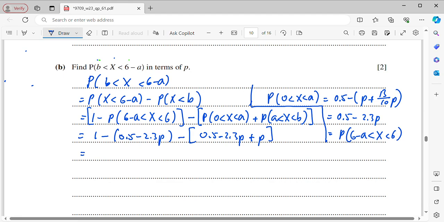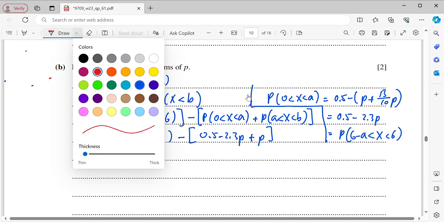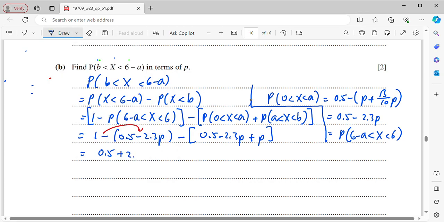Okay, then from here, when you open the bracket, the first one, 1 minus 0.5 is 0.5. Then the minus times minus will be plus, so here I will get plus 2.3p. Then minus, right? Bring the minus in. So it will be minus 0.5.